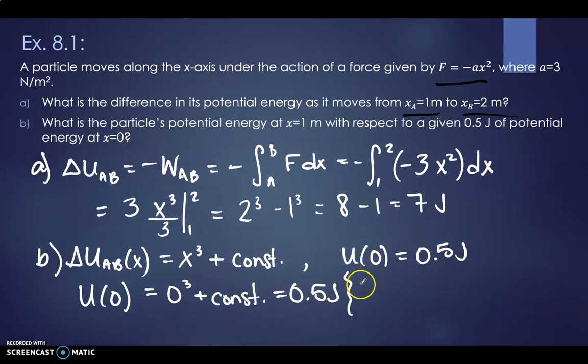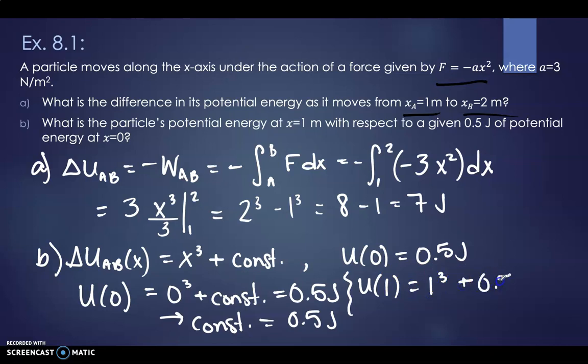Now U of 1 meter is going to be 1 cubed plus our constant, which is 0.5 joules. And so that means our potential energy at this point is going to be 1.5 joules.